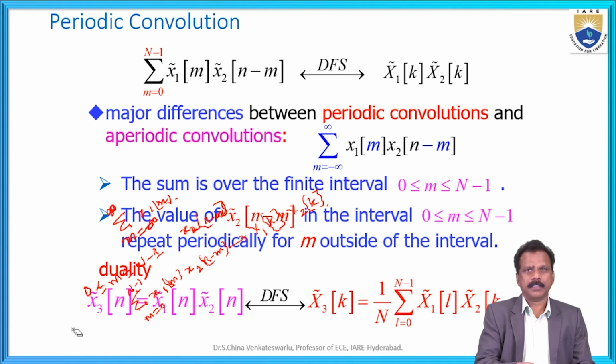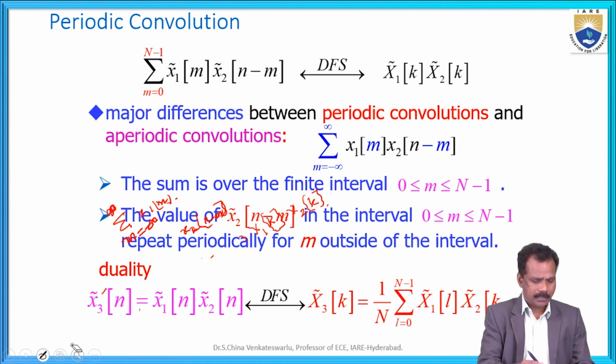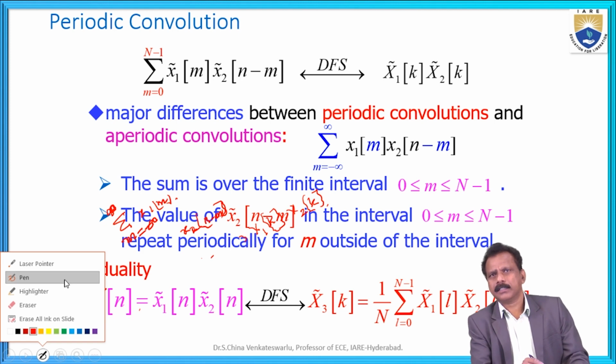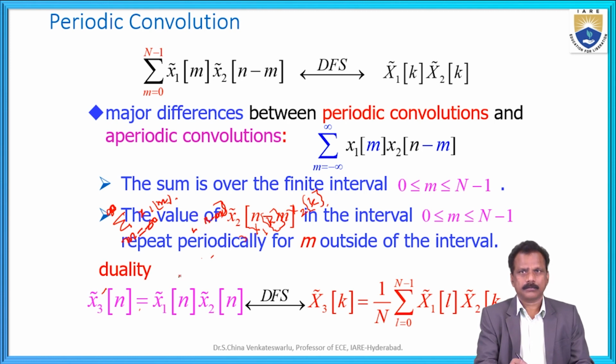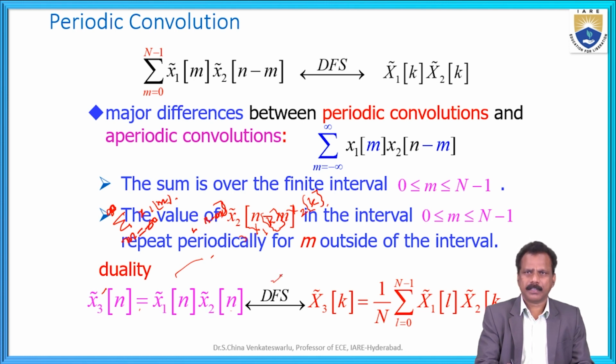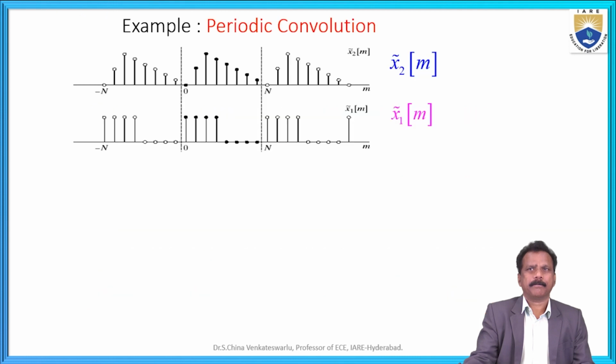The duality is based on this: if x3 of n is equal to x1 of n times x2 of n, then after applying the DFS, x3 of k is equal to 1 by N into the summation over L equal to 0 to N minus 1 of x1 of L and x2 of k minus L. This is the periodic convolution example.